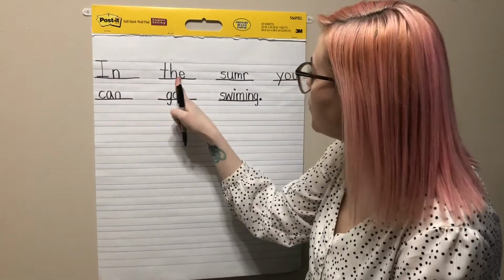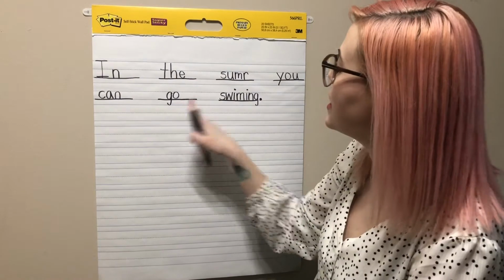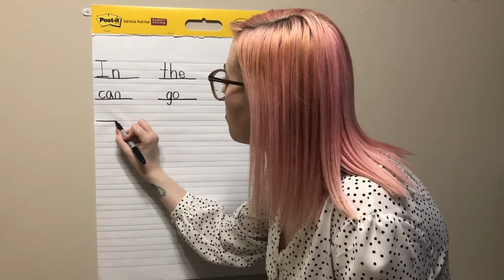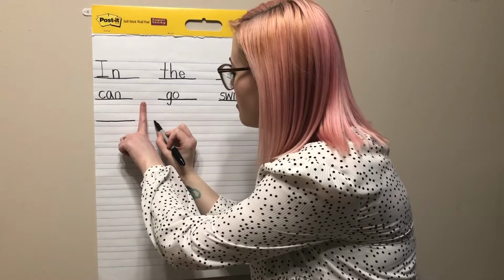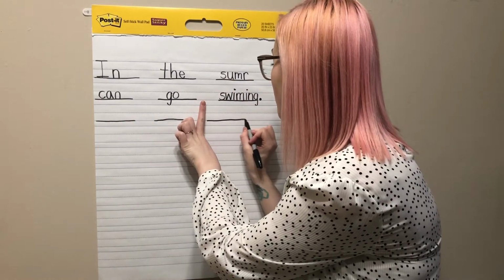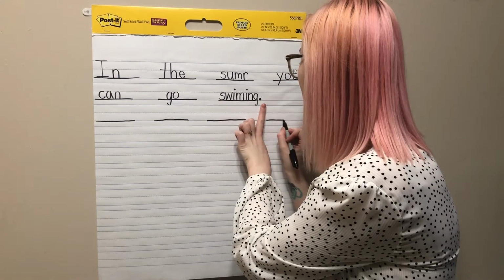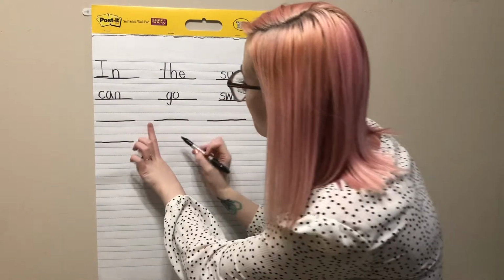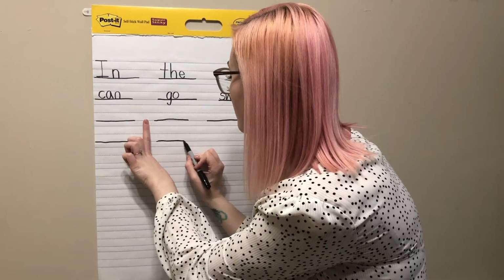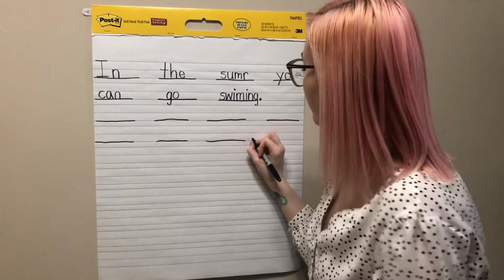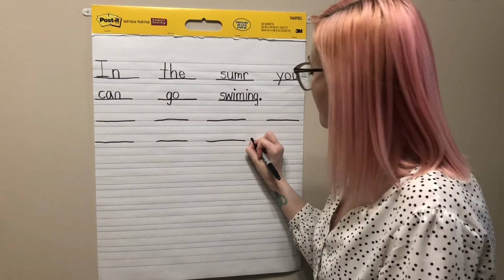So I need 1, 2, 3, 4, 5, 6, 7 lines. 1 finger space, 2 finger space, 3 finger space, 4, 5 finger space, 6 finger space, 7, and a period at the end.